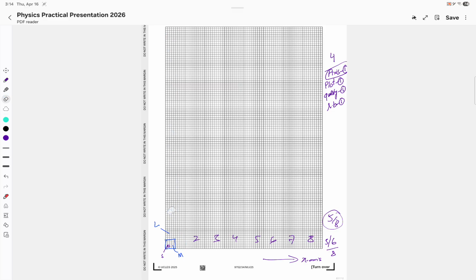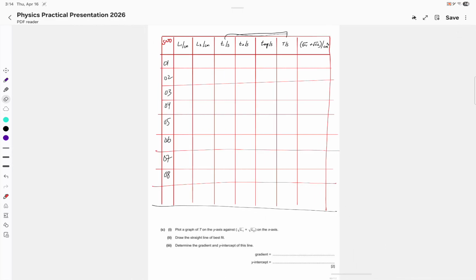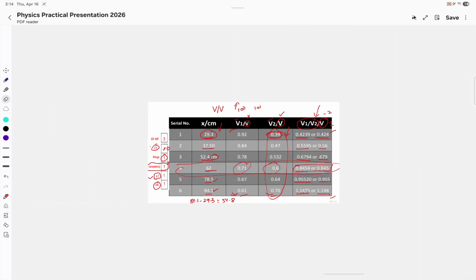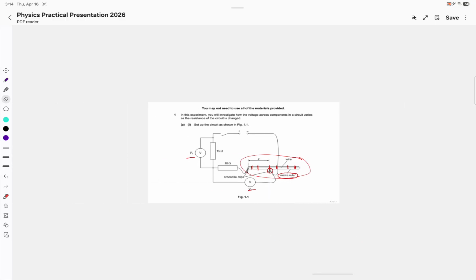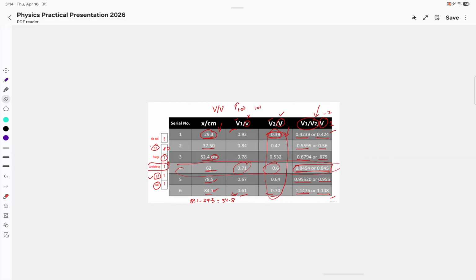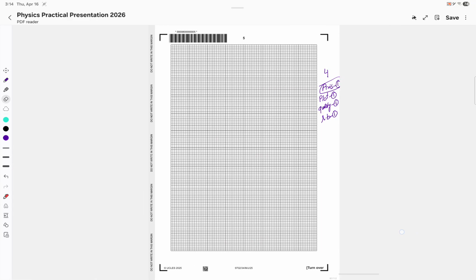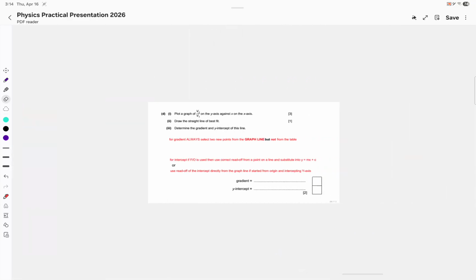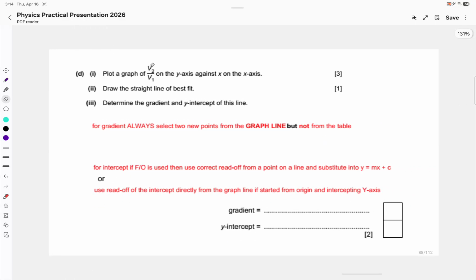The next important thing is what values I am going to plot here. This is one of the tables. It was mentioned that v2 upon v1 must be plotted on the y-axis and x on the x-axis.